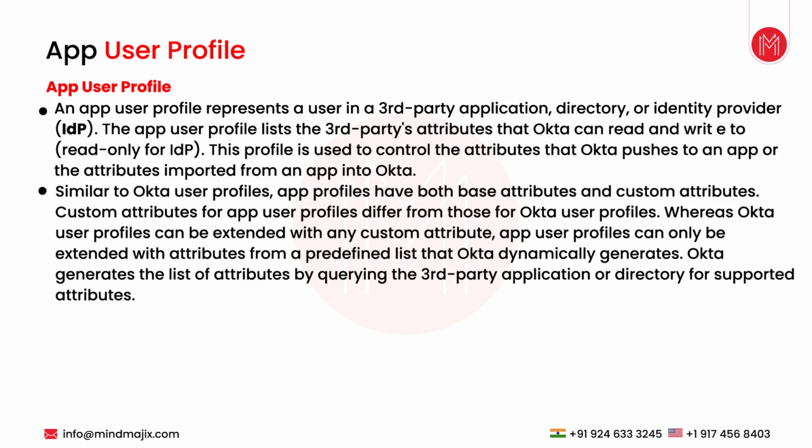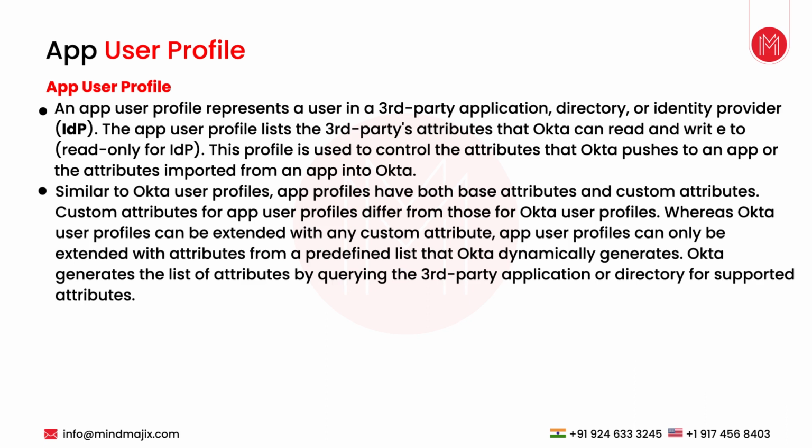Now every application is going to have a different schema, right? Every application cannot have the same schema. Let's consider we have a Salesforce application and a PagerDuty application. The Salesforce application is going to have a different set of schema, whereas the PagerDuty application is going to have a different set of schema. These two applications cannot have the same set of schema, but how will Okta come to know? Okta has to query these applications and it will come to know what the supported attributes in these applications are.